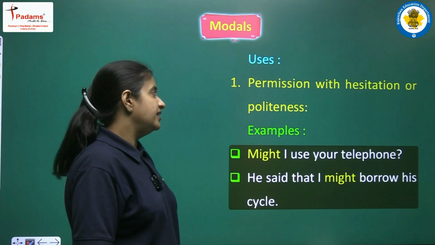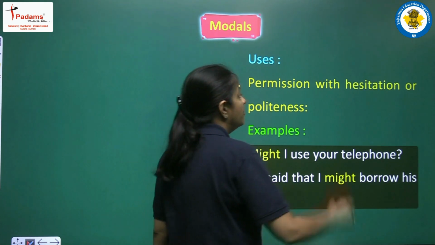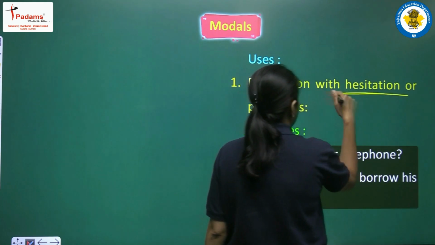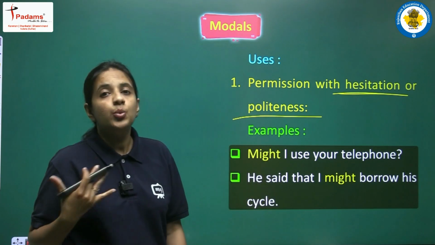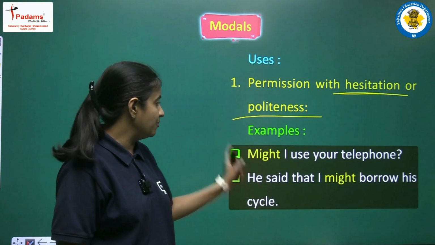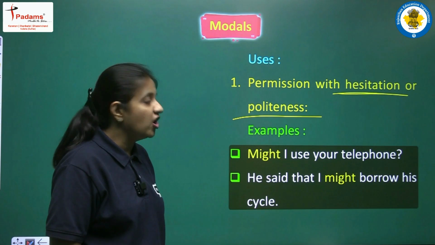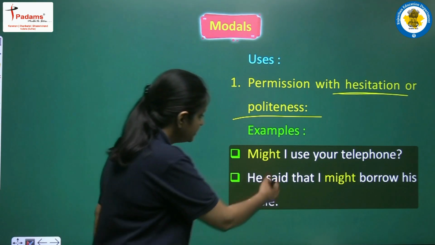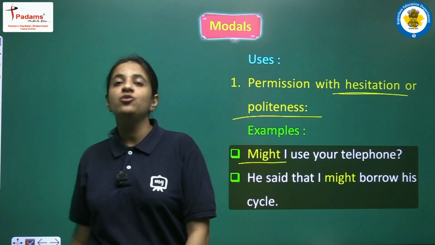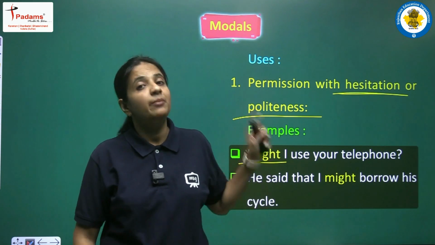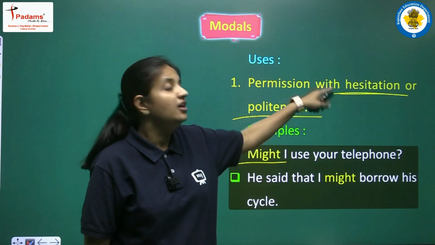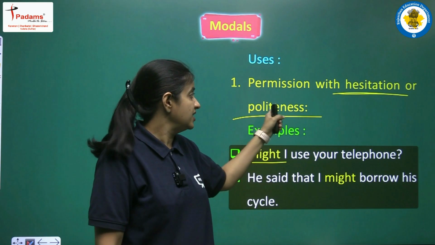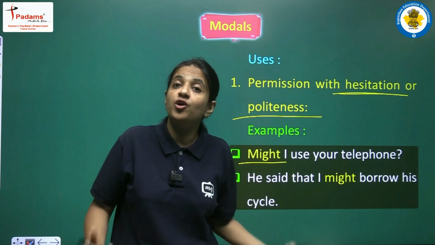First of all, it is used for permission, but that permission will be with hesitation, or we can say with politeness. Let's see the example. Might I use your telephone? So we can see here that with the help of might we can ask for permission, but yes, this permission will be with hesitation, or with a lot of politeness.